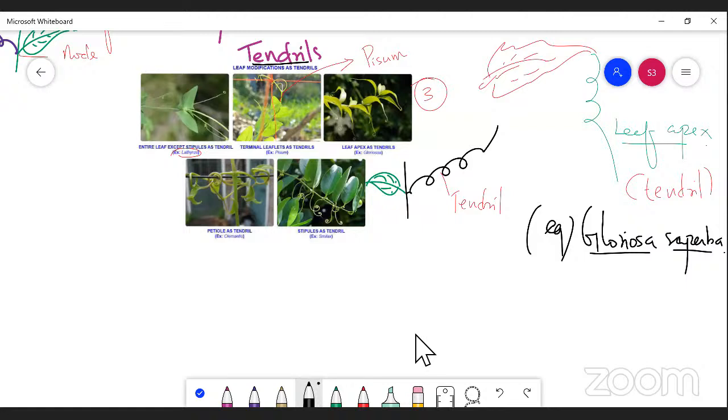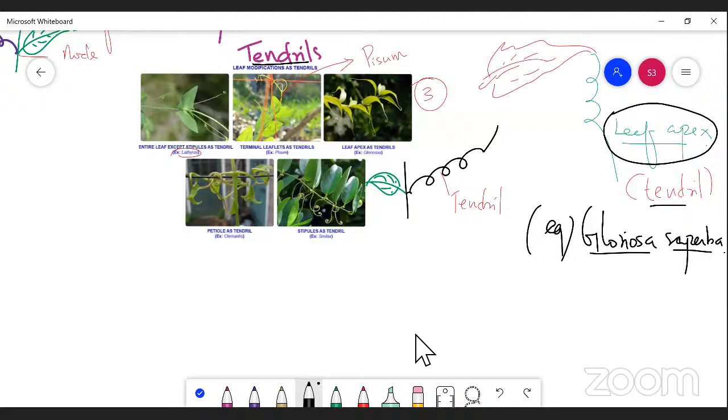It is called Senkanthal malar in Tamil. It is considered a state flower, that is Gloriosa superba. What we are going to see in Gloriosa superba is that the leaf apex is modified into a coil-like structure. Such a coil-like structure is called a tendril.